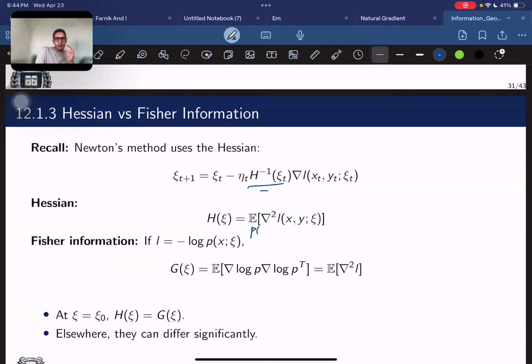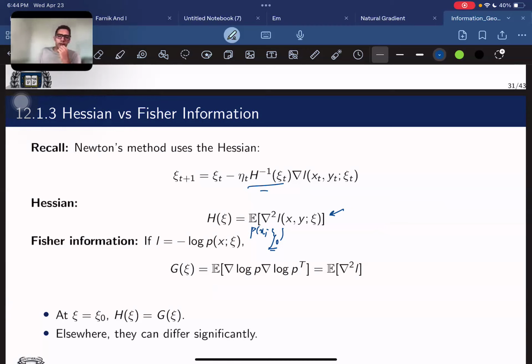But if you were considering the information curvature, exactly this is not what you're looking for, then this expectation is with respect to the true distribution. At each step, you are considering the expected loss with respect to the true distribution, although you started from some other distribution, some other parameter than the true parameter.